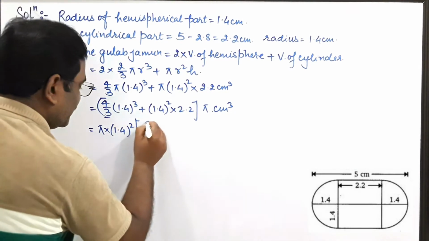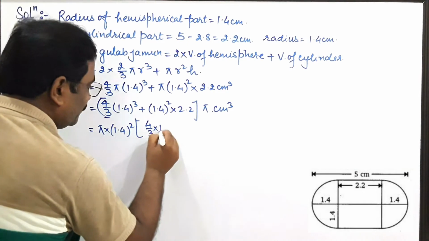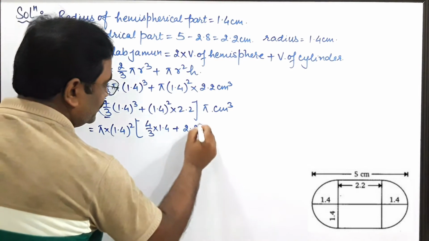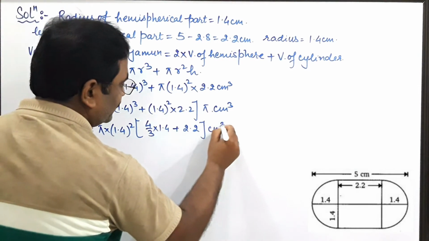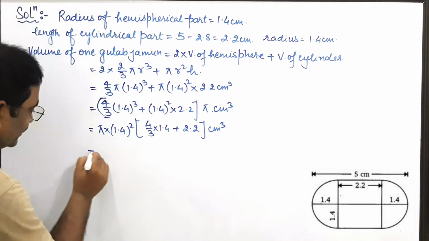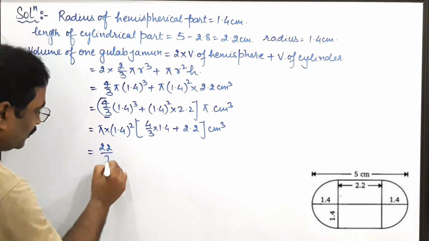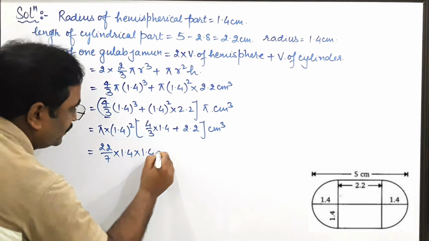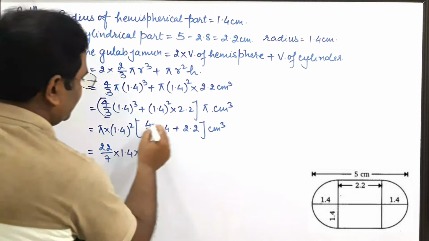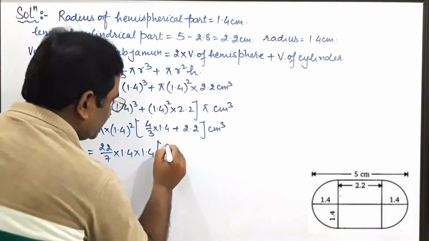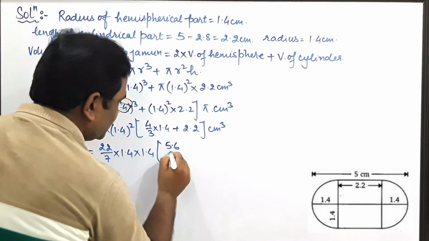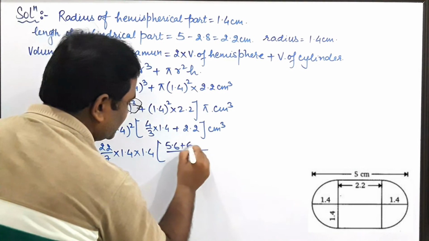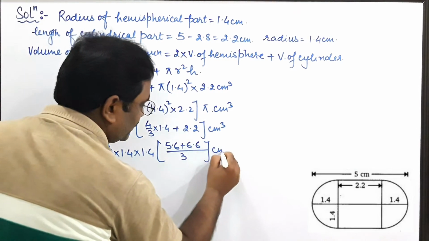So we will get 4/3 into 1.4 plus 2.2 cubic centimeter. Now substitute the value of pi. 22 upon 7 multiplied by 1.4 into 1.4 multiplied by 14 4s are 56, 5.6 divided by, taking 3 as LCM, plus 3 2s are 6.6 cubic centimeter.